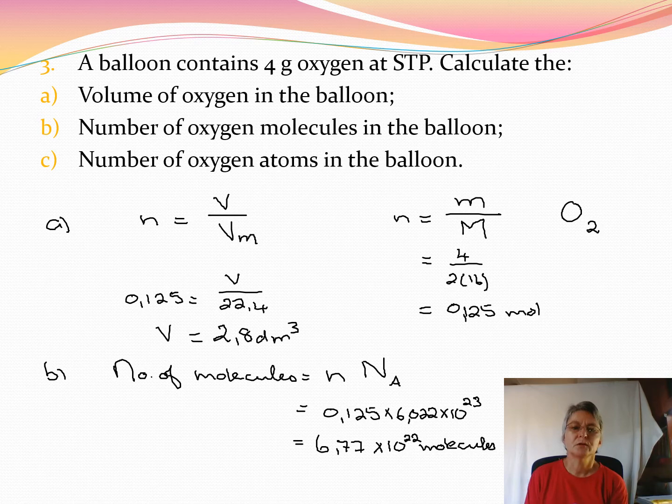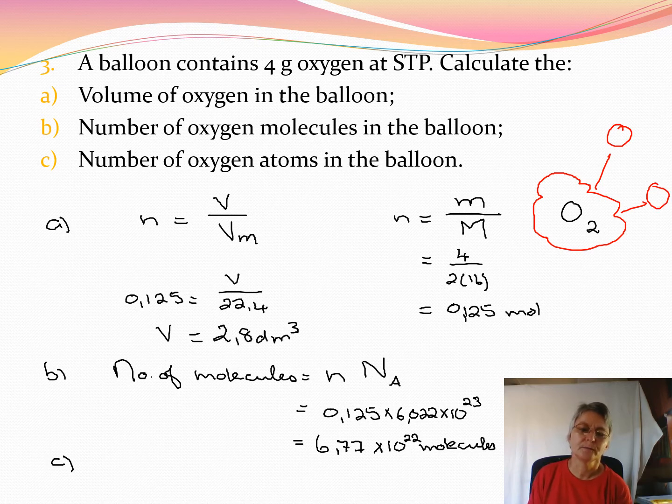Last question, the number of oxygen atoms in the balloon. So for one molecule, you have 2 atoms. So the number of atoms would be double the number of molecules.